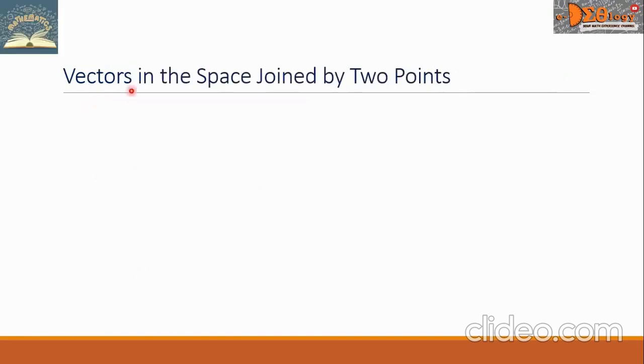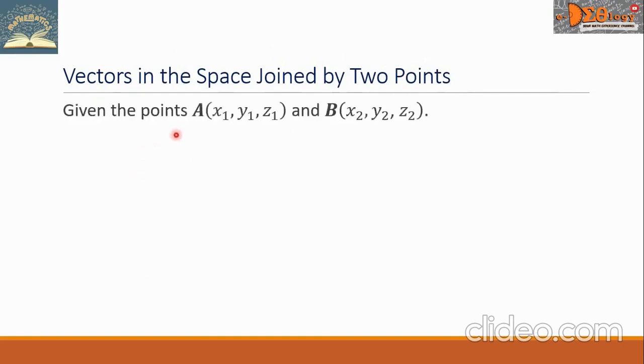Now let's go to vectors in the space joined by 2 points. Given the points A with coordinates x sub 1, y sub 1, z sub 1, and B with coordinates x sub 2, y sub 2, z sub 2. The vector joining 2 points is given by, this is our notation, AB, and there's an arrow on top.